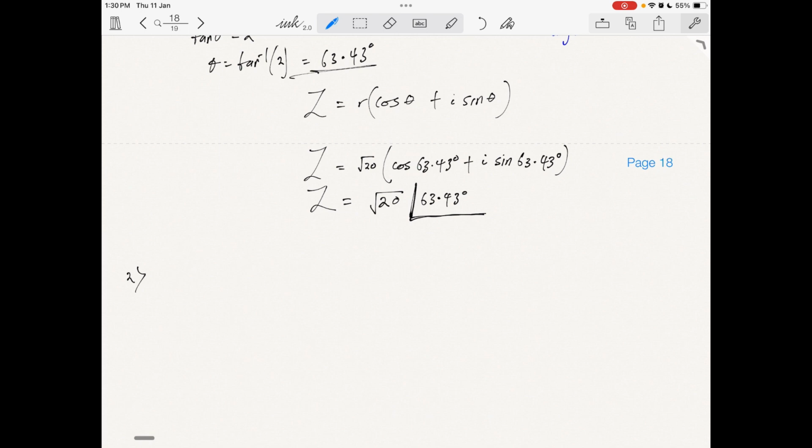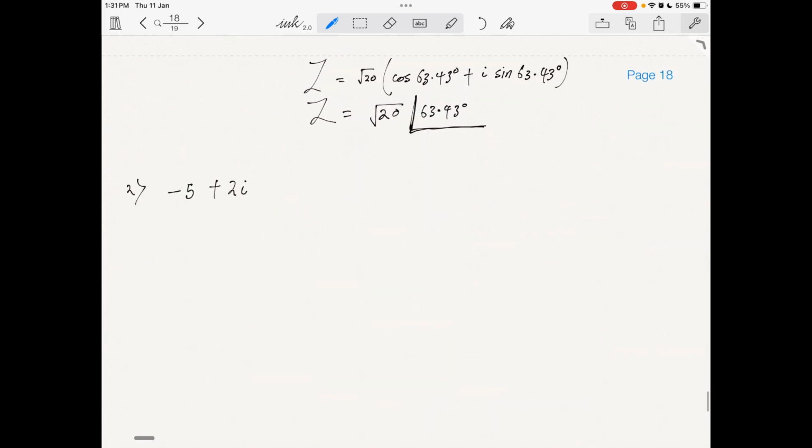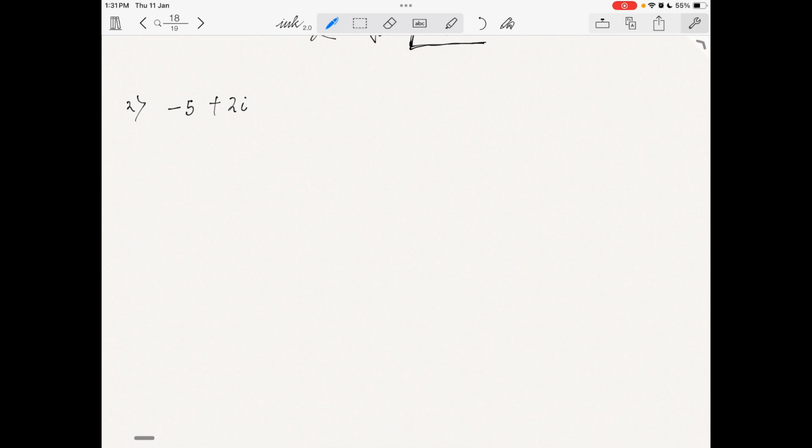Question 2. Minus 5 plus 2i. As usual, the first thing to do is to draw the Argand diagram. Drawing the Argand diagram, we realize that we have a negative real part and a positive imaginary part.